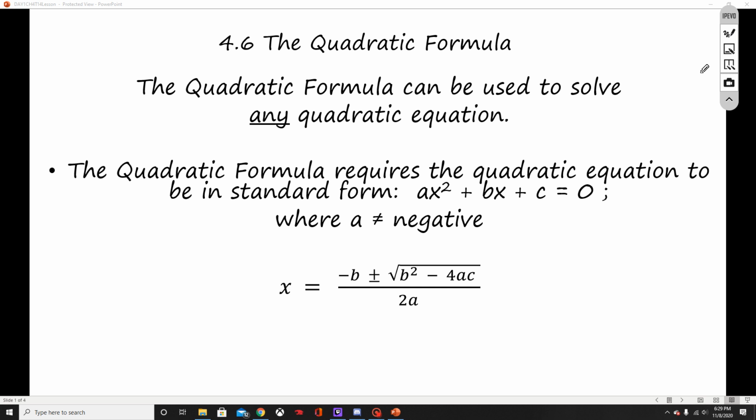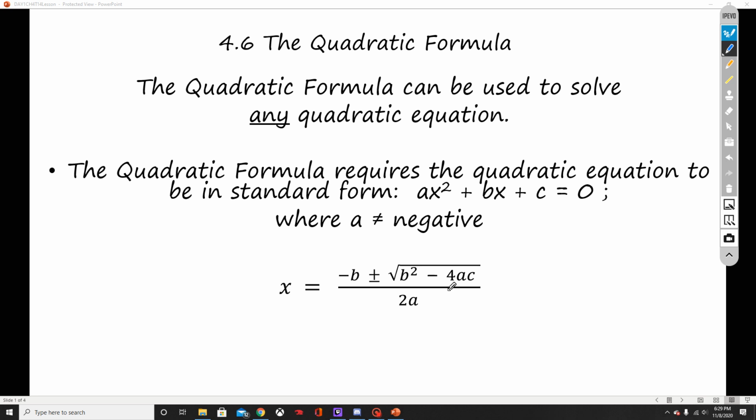Now you'll notice this part under the square root symbol, the b squared minus 4ac. This actually tells us something important, because if you take the square root of this number, b squared minus 4ac, whatever that is, and that's a negative number, well then you end up with an imaginary number.